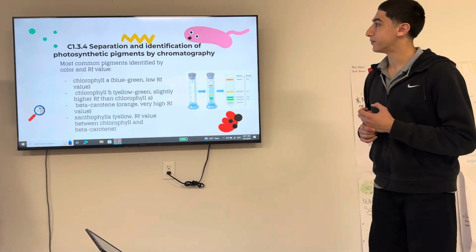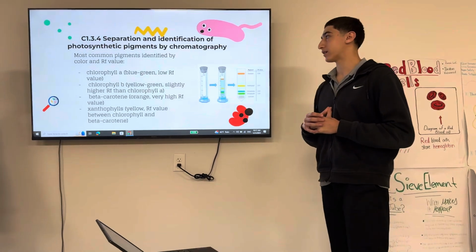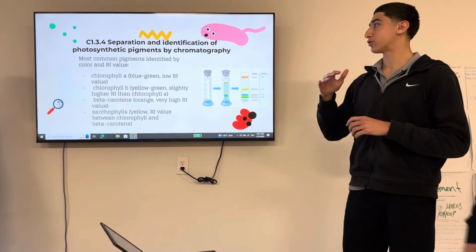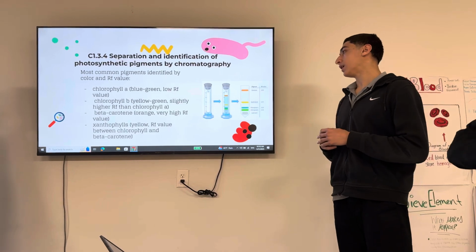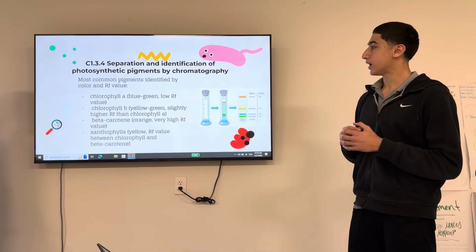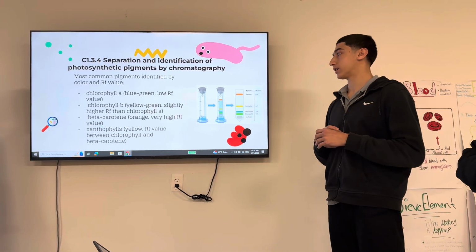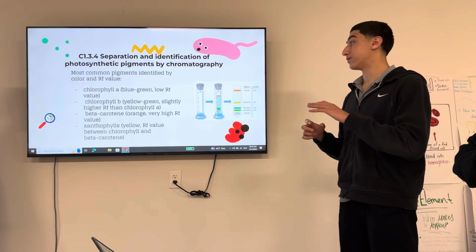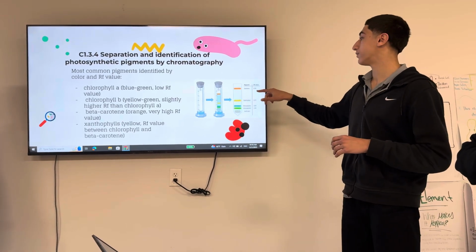The most common pigments are identified by color and RF value. First we have chlorophyll A. It's a bluish green and has a really low RF value. Then we have chlorophyll B. It's a yellowish green and has a slightly higher RF than chlorophyll A. Then beta carotene is orange and has a very high RF value, like right here.